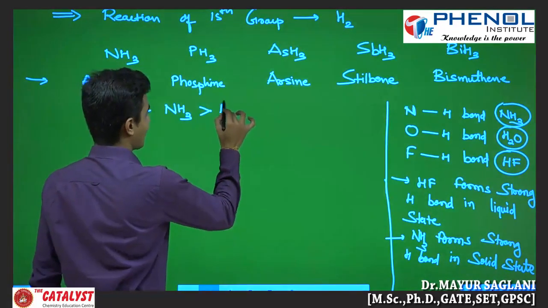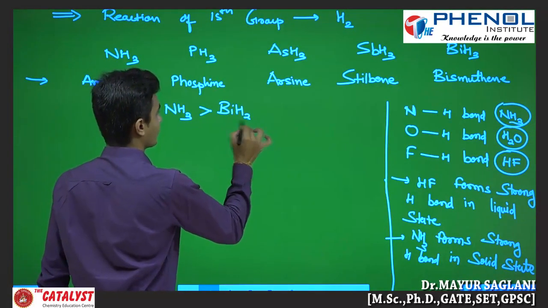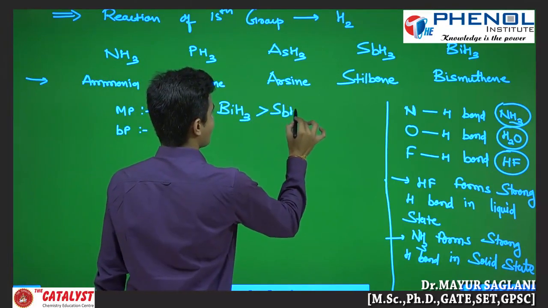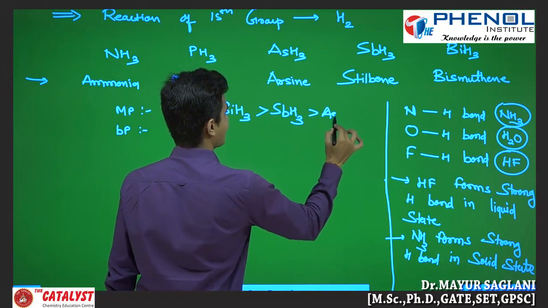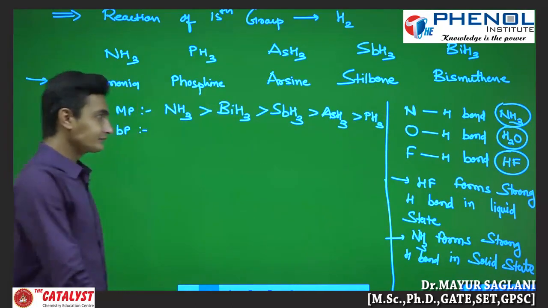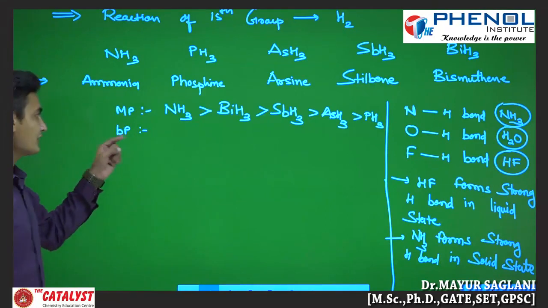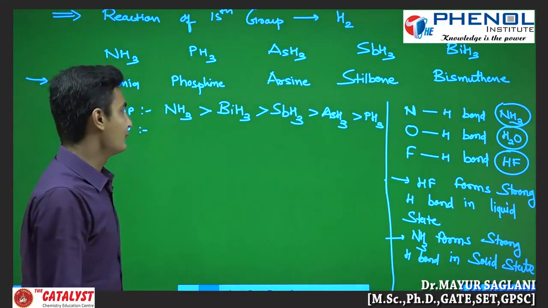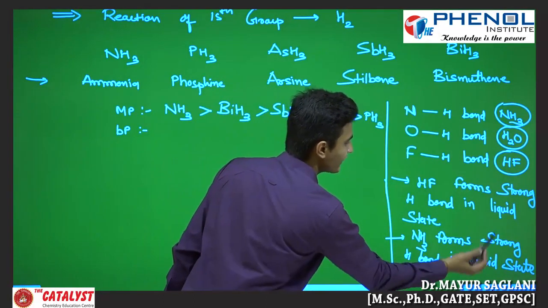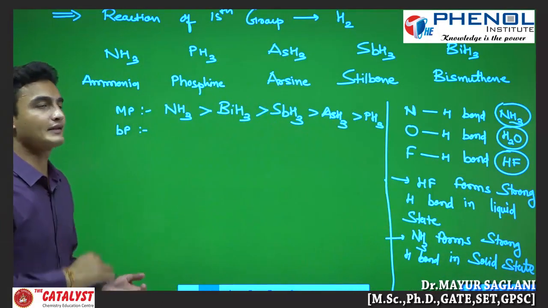So second I will write bismuth, BiH3. Next I will write SbH3, next AsH3, and last PH3. Now if you see boiling point, NH3 forms strong hydrogen bond in the solid state, not in the liquid state.